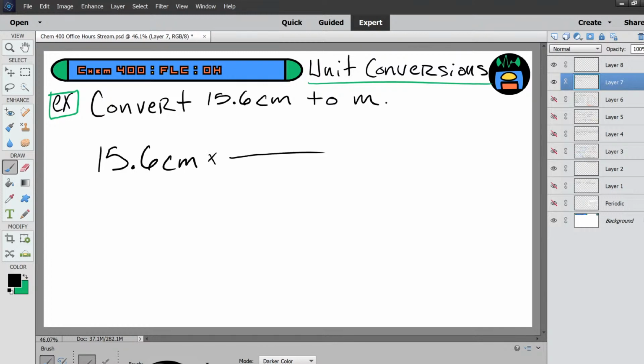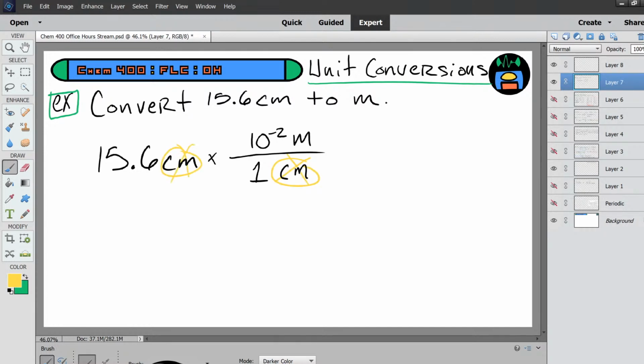First, we do the setup. Centimeters goes in the denominator. Meters go in the numerator. Now, you'll remember that centi, the prefix, meant 10 to the negative second. That tells you that 1 centimeter is 10 to the negative second meters.